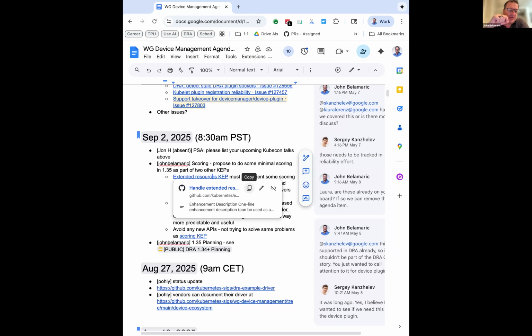So rather than the user having to split which API they use based upon which kind of plugins are installed on the nodes, the user can use either one. Obviously, the DRA API won't work unless there's a DRA driver, but if they use the existing extended resource API, so existing workloads and manifests out there that already use it, the administrator is free to upgrade to DRA plugins and drivers or whatever we call them, and still have those manifests work.